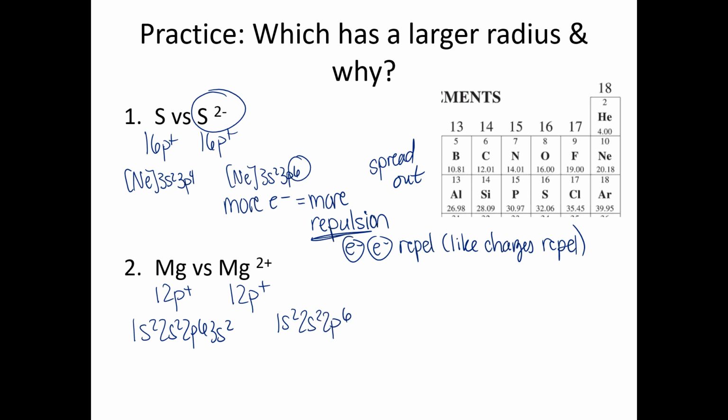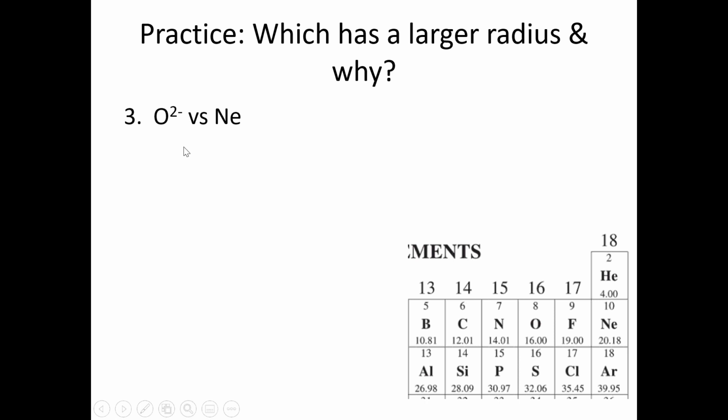So the magnesium ion is going to be smaller because it has the same number of protons but fewer shells. So I would say my neutral magnesium would have a larger radius. They've got the same protons attracting, but the magnesium ion's electrons are attracted in the second shell versus the third shell.